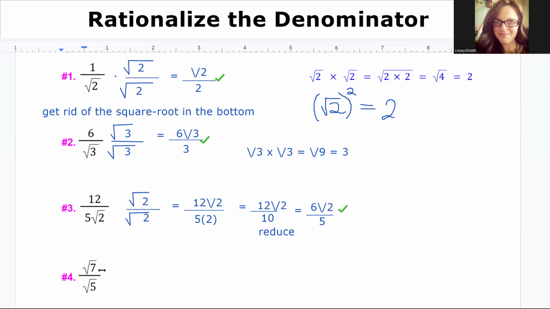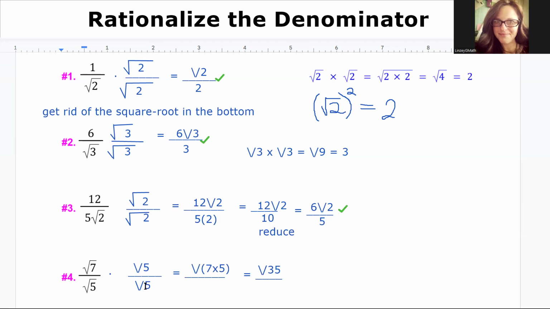Number 4, we're going to multiply by the square root of 5, top and bottom. We'll multiply straight across. Square root of 7 times the square root of 5, we can put them together under one square root, 7 times 5. And you get the square root of 35.